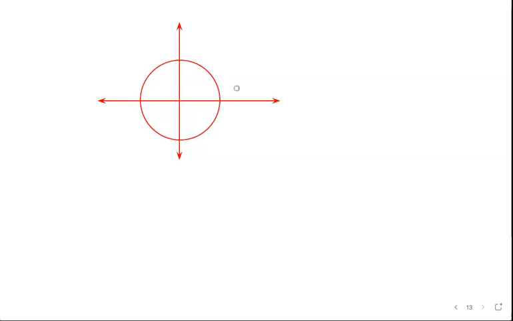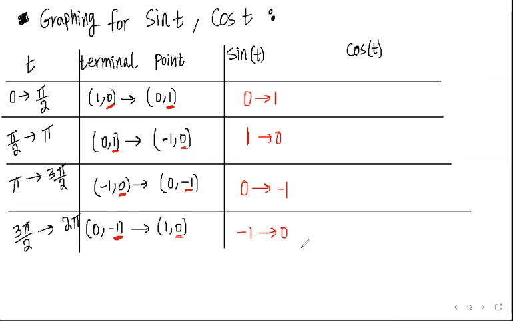I start at this point, walk around, stop here. This is my terminal point. This point is -1 and 0. t equals pi here. Okay. That's why here the pi is -1 and 0. 3 pi over 2 is 0 and -1.